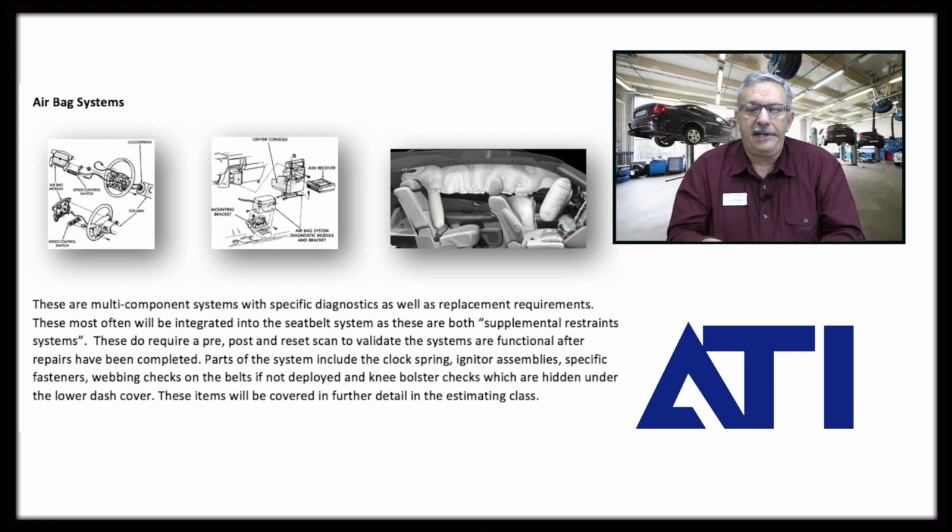There's another piece called a knee bolster that's underneath the dashboard, and it would be directly to the sides and underneath the steering column. We've got to make sure that if we have a deployment, if you have the weight of the occupant going forward, their knees can hit that. It's got a plastic cover.